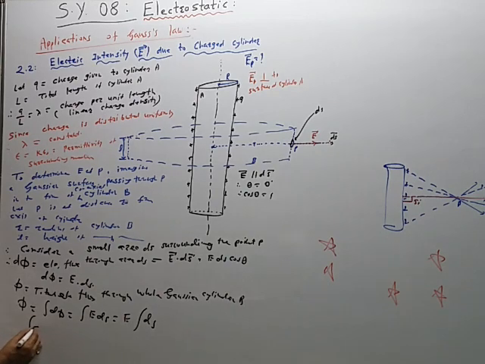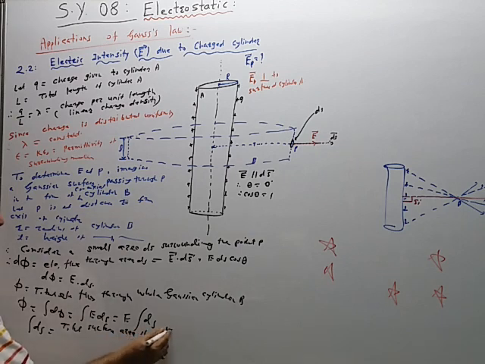Only going to take the integration of ds, which is equal to total surface area of the cylinder B, and this is equal to area of the top plus area of the bottom plus area of the curved surface. cylinder ला 3 surfaces असतात.